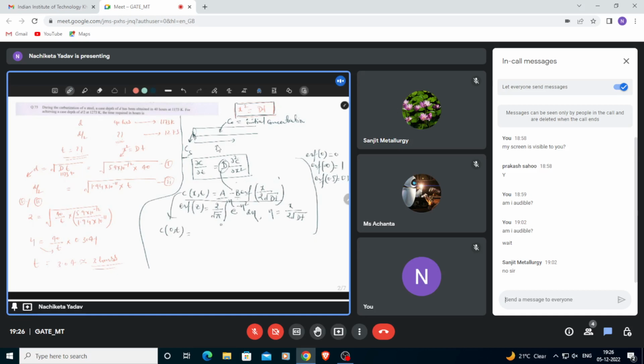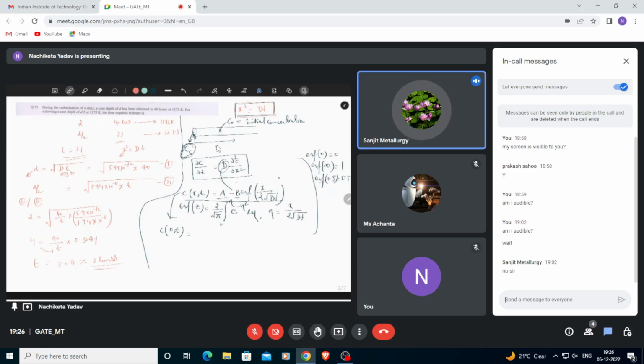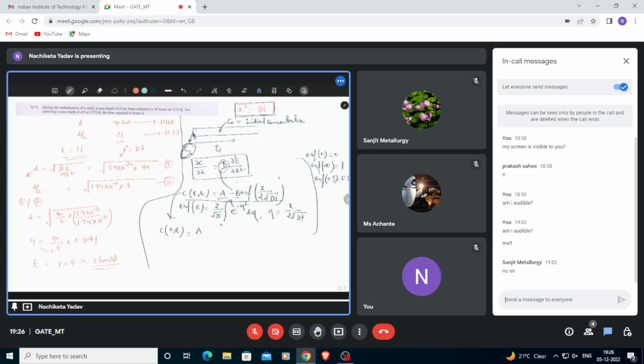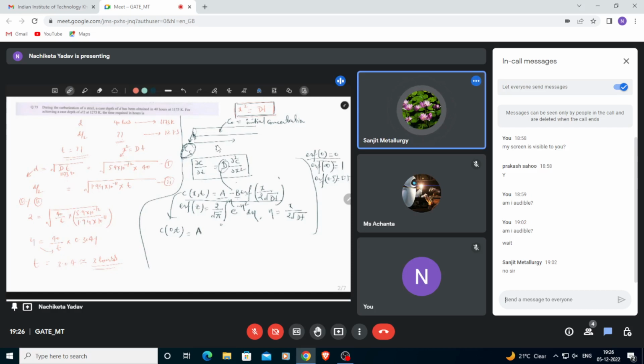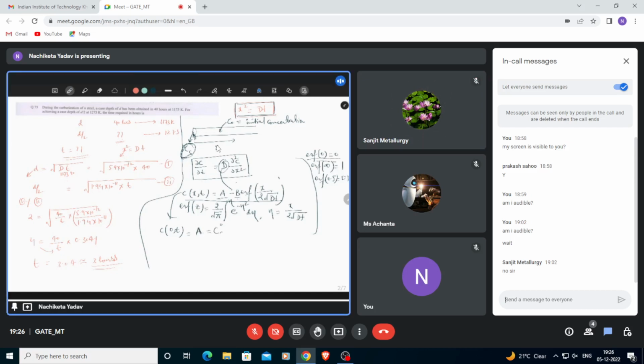If we put x equal to 0, after time t the concentration becomes Cs after carburization. It is A minus B times error function 0. Error function 0 means 0, so it will be only A, right? Are you getting it? So A is the surface concentration, we can write Cs.